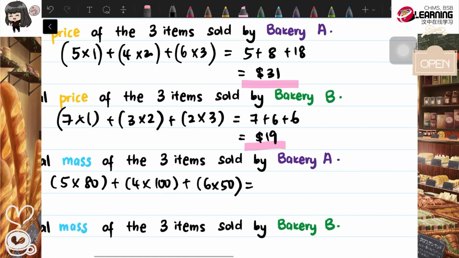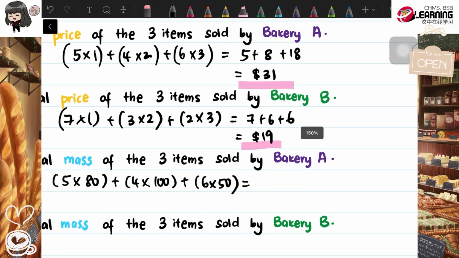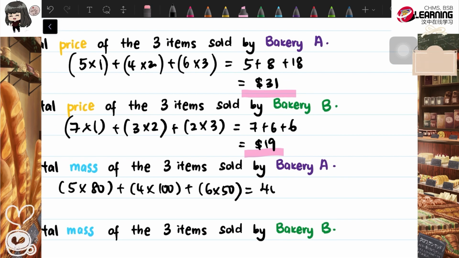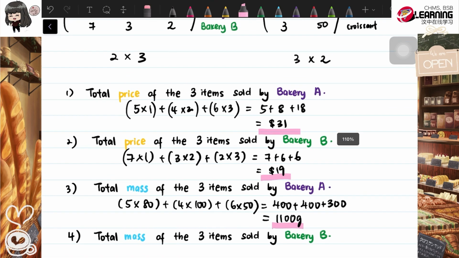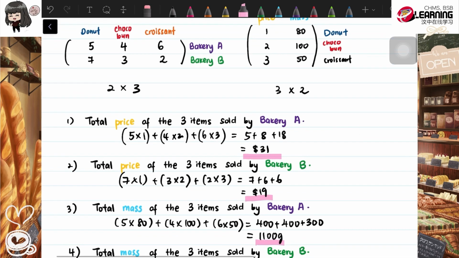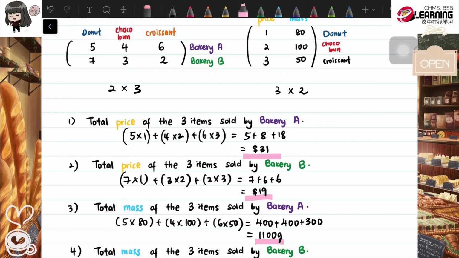Total up, it's 400 plus 400 plus 300, so 1,100 gram. This is for bakery A. So remember, the first row times the second column.